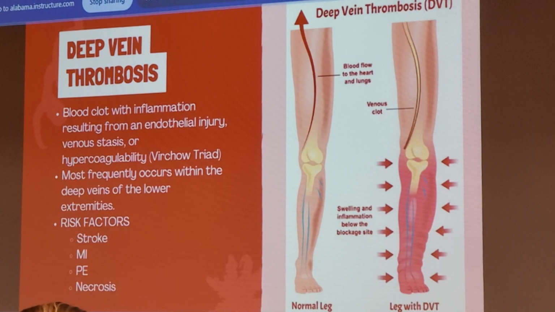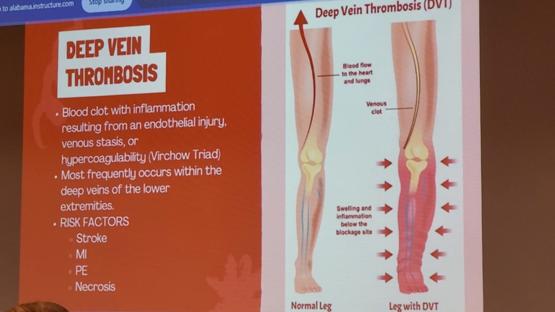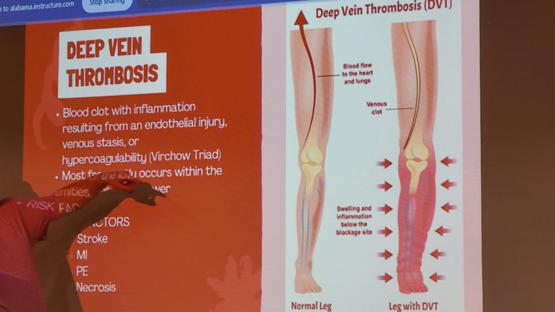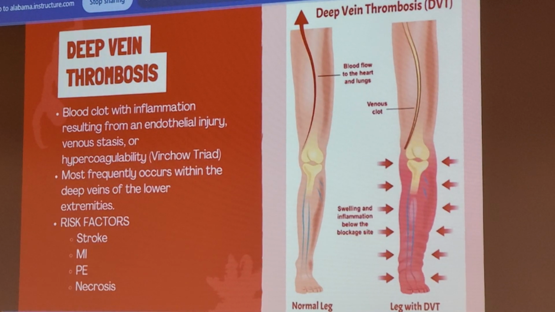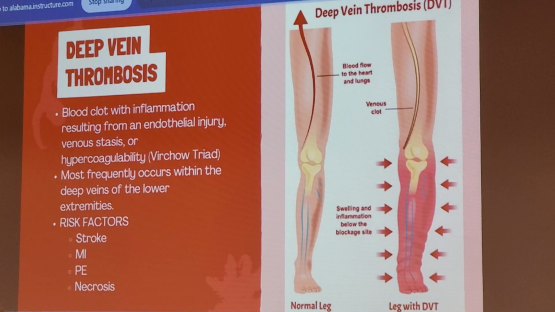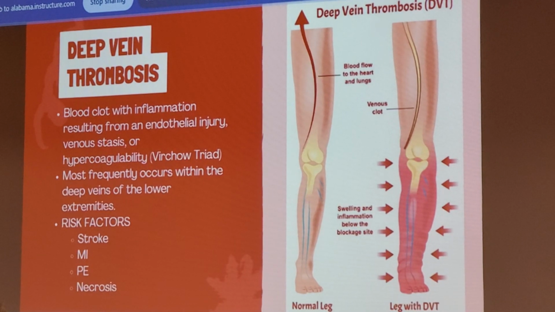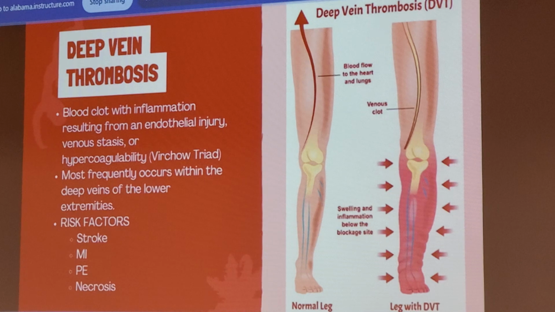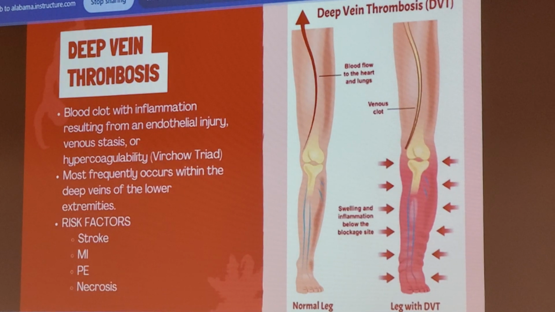Virchow's triad, that's kind of important. So, we have all three of these things right here. Your Virchow's triad right here. So endothelial injury, some type of trauma that has occurred to one of our veins or to some of our outer layers of our skin, so some of the deeper tissue of our skin.